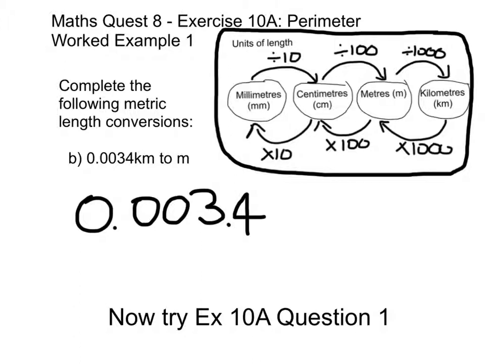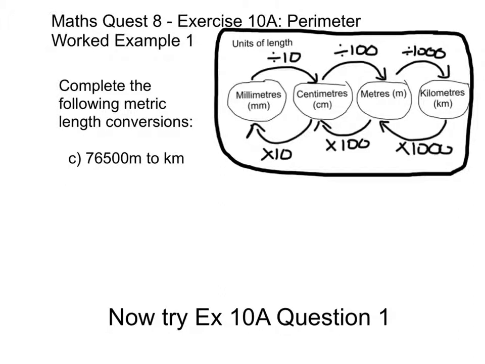So there it is. Because my decimal place has moved, now I've got 3.4 metres. So what that means is 0.0034 kilometres is the same as 3.4 metres.